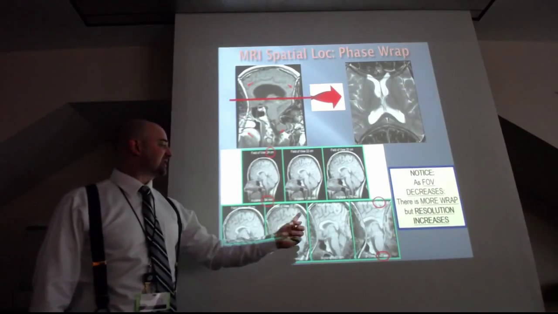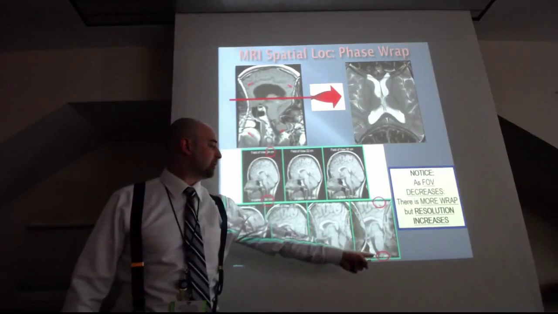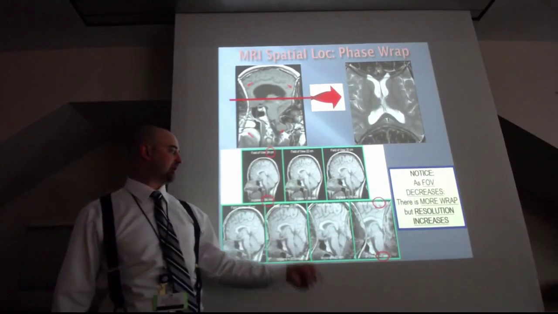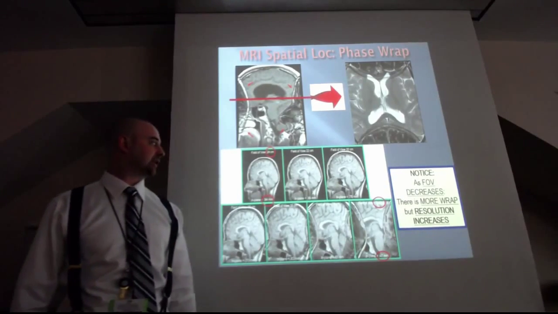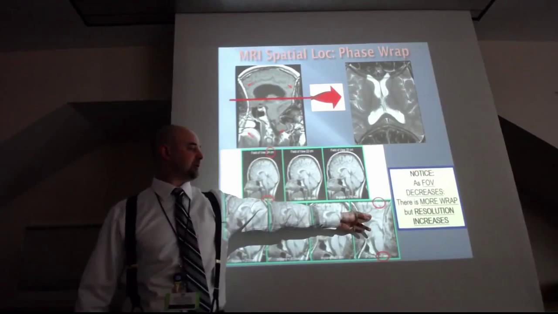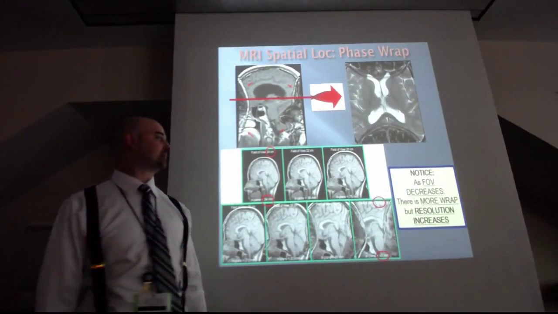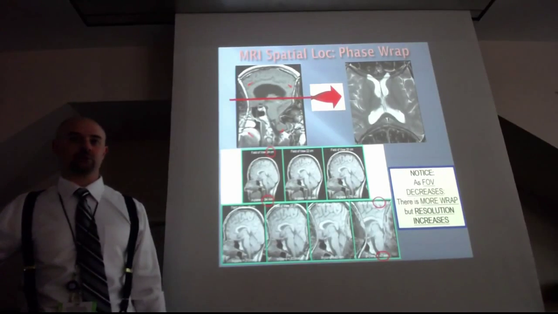As you decrease the field of view, right, you start to introduce this phase wrap. But notice what happens to the in-plane spatial resolution. Here you probably can't read at this point. It's basically 1 millimeter, and here it's 0.5 millimeter. So you can tell by looking at the picture, you've got more detail in there, but you also have the wrap.